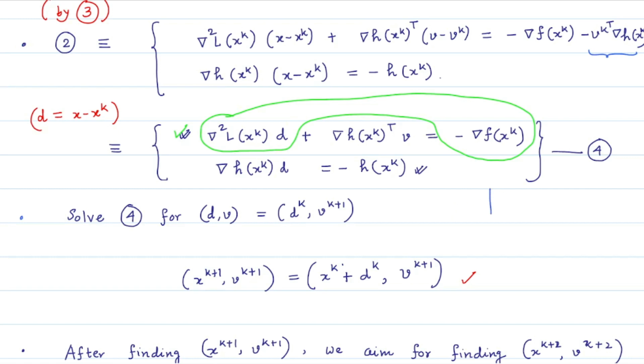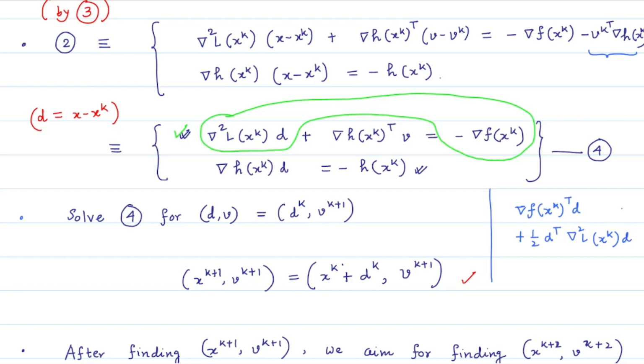For such a function, you notice that we can just go for simply taking the gradient f at xk transpose d plus half d transpose the Hessian of L at the point xk times d.